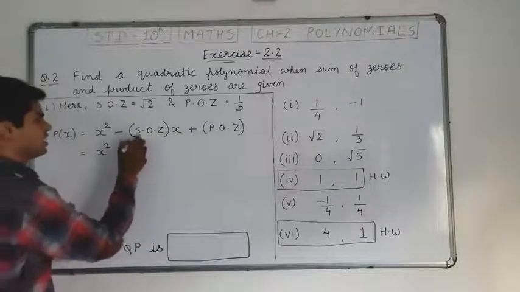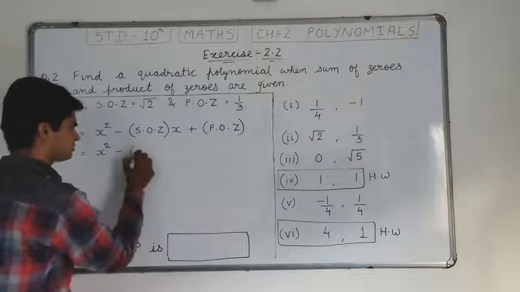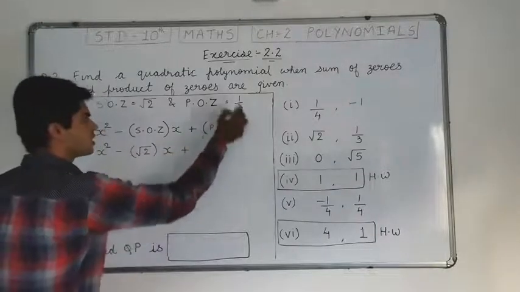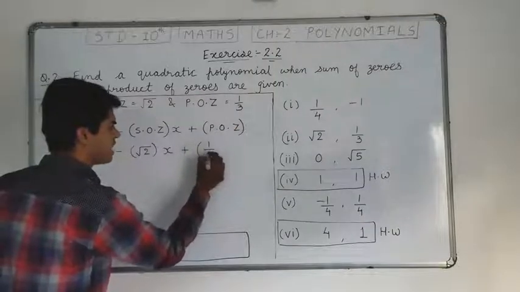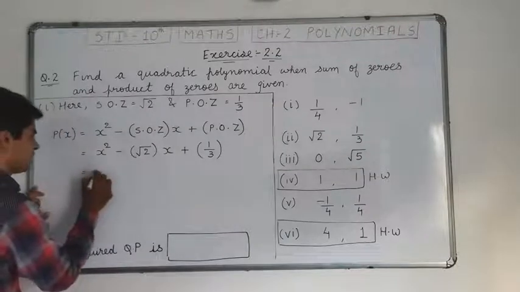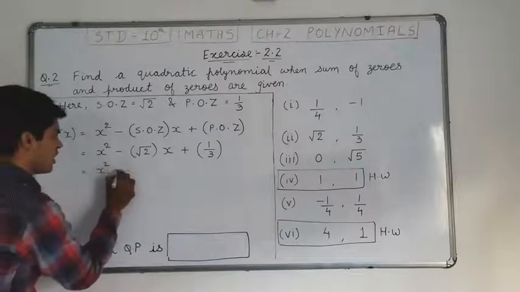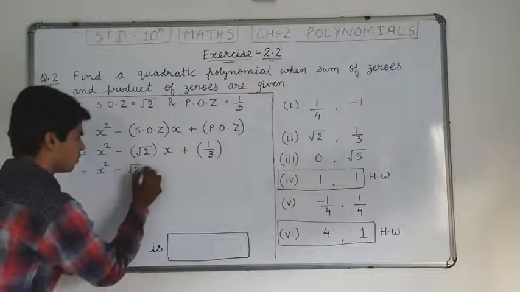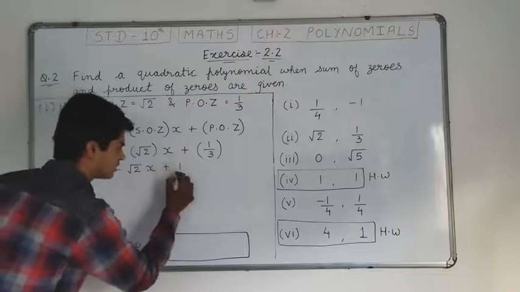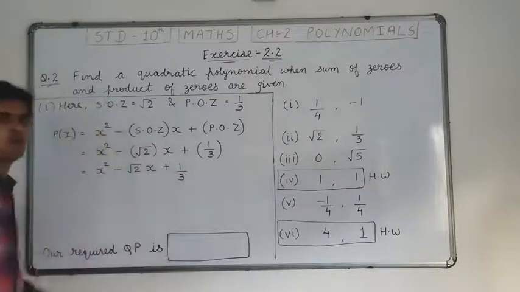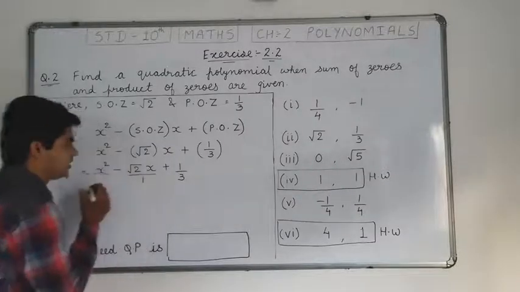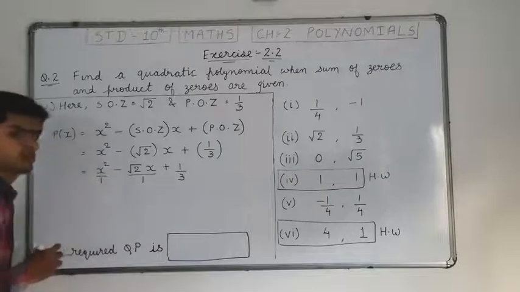So x square minus sum of zeros, it means inside bracket root 2, into x plus product of zeros, it means 1 by 3. Now remove the bracket. So what it will be? x square minus root 2x plus 1 by 3. Now you know you have to take LCM. So let us start taking LCM. 3 will be LCM.